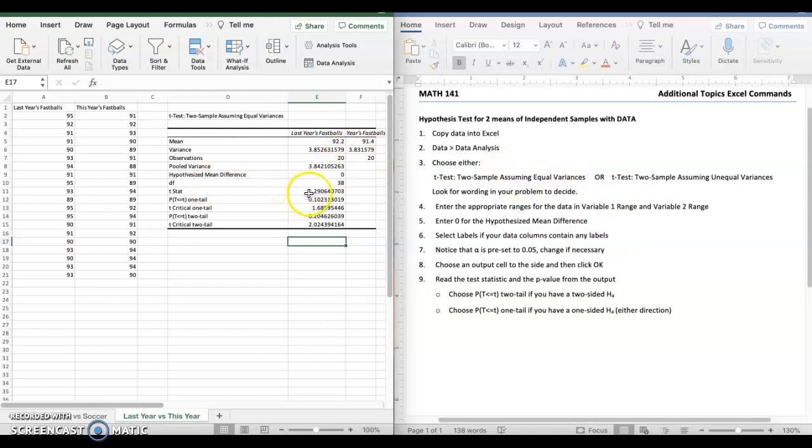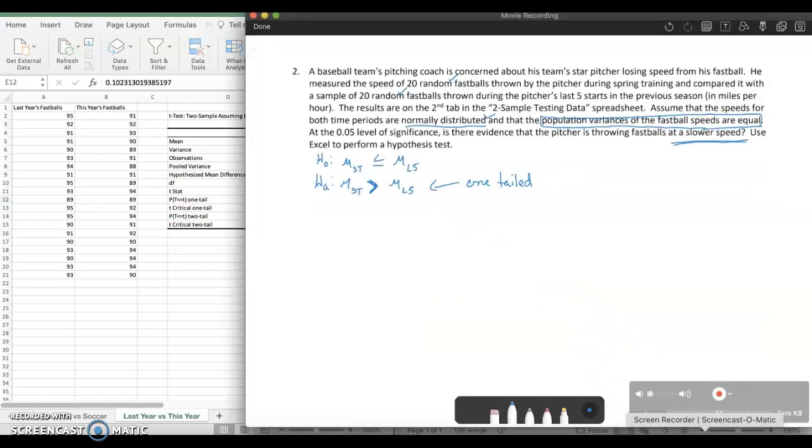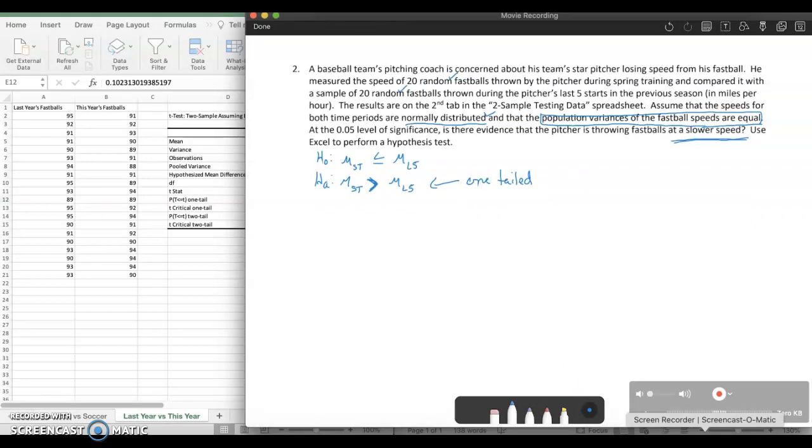But the information we really want to take from here is this t-value of 1.291. And because we were doing a one-tailed test, we are using this p from a one-tail, which is 0.102.